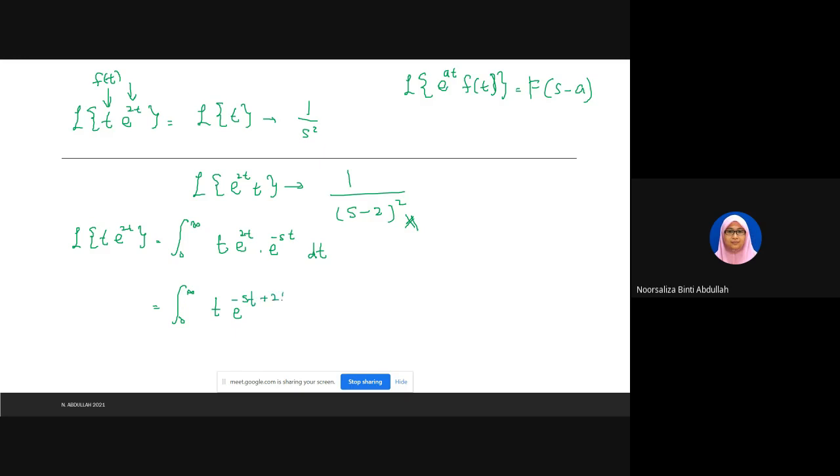Plus 2T dt. And then you rearrange lagi. Okay. So equals to integral 0 to infinity T eksponen negatif S minus 2 T dT. Okay, then baru you start buat dia punya integration. Okay, you buat tabular integration. Okay, so you buat tabular integration is T and then exponent negative S negative 2.